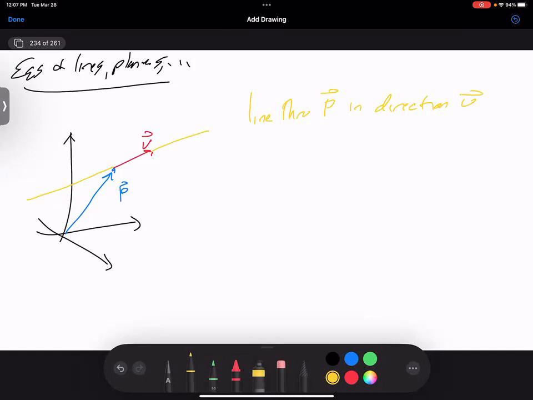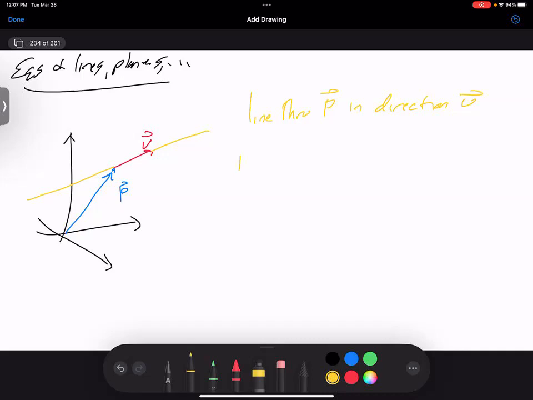What is the dimension of a line? How many dimensions does a line have? One. So I should have just one free parameter that tells me where I am.